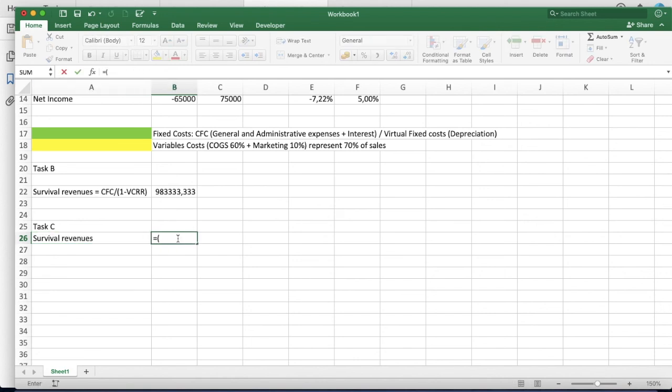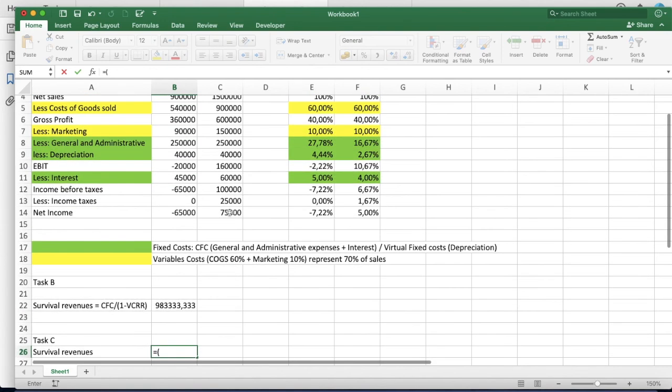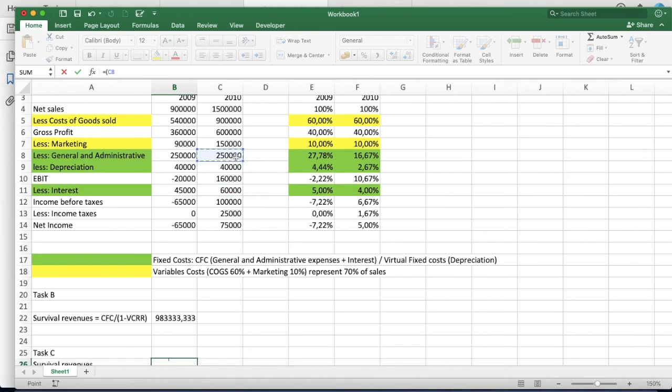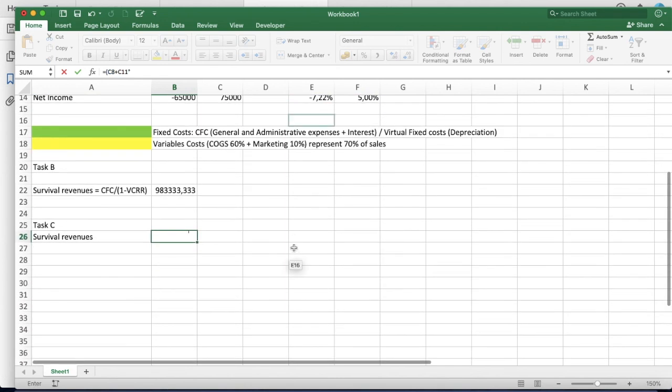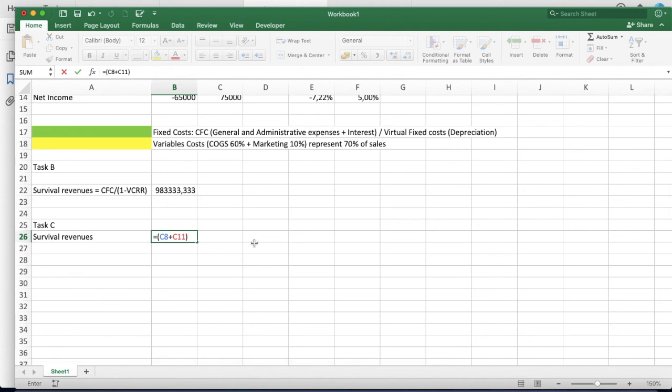So we start with the cash fixed costs, which are general expenses plus the interest expenses, divided by 1 minus 70%. Then we close the parentheses. So here is our formula for survival revenues. Then click on OK.